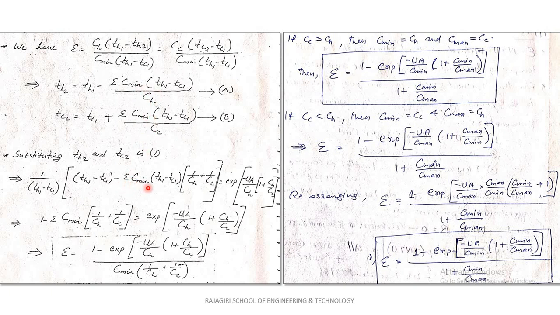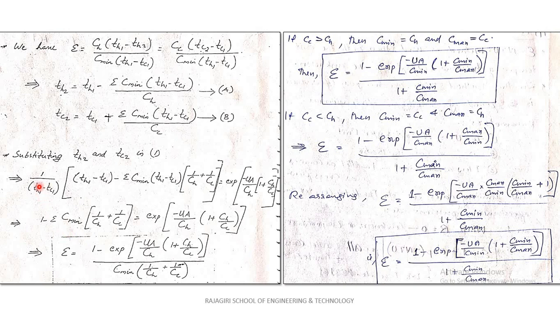Within the bracket what is left is 1 by CH plus 1 by CC. So on the right hand side you have exponential of minus UA by CH into (1 plus CH by CC).